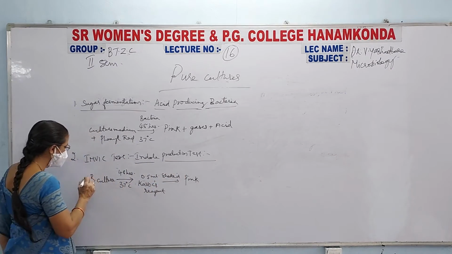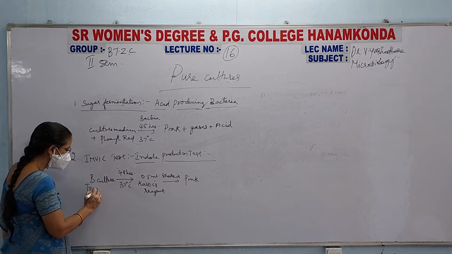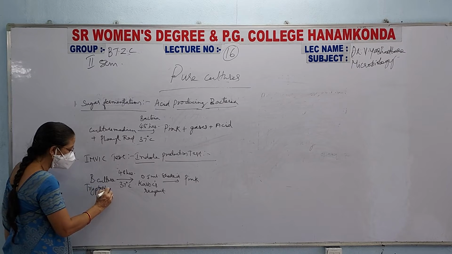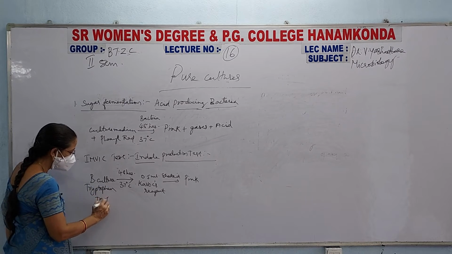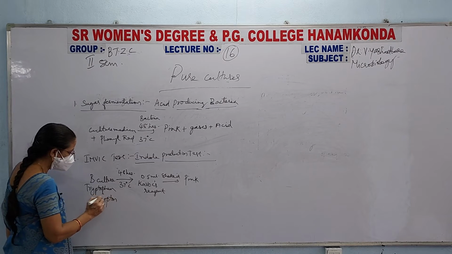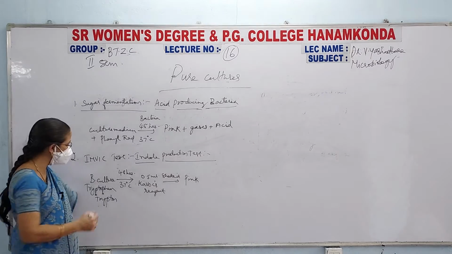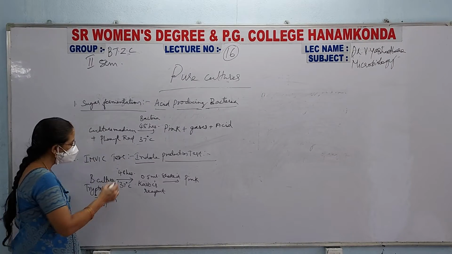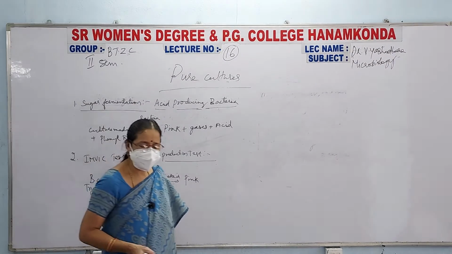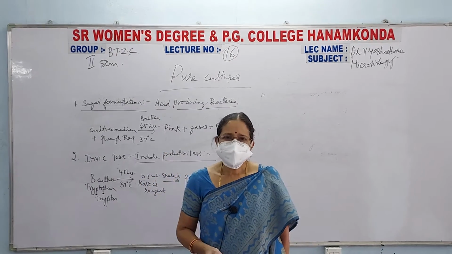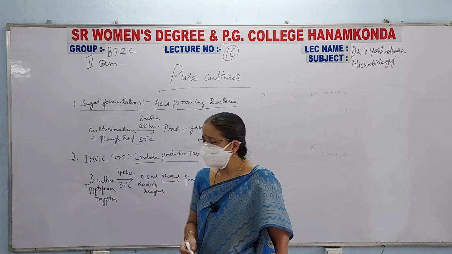That means in the bacterial culture you will be adding tryptophan medium, or you can call it a tryptone medium. See here, tryptophan or tryptone is taken in your bacterial culture and incubated for 48 hours at 37 degrees centigrade.